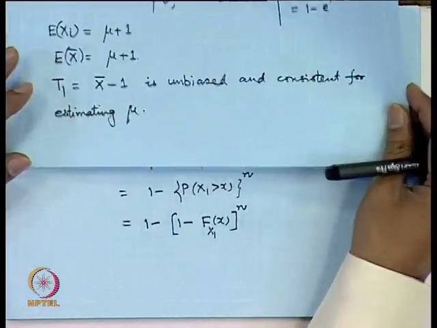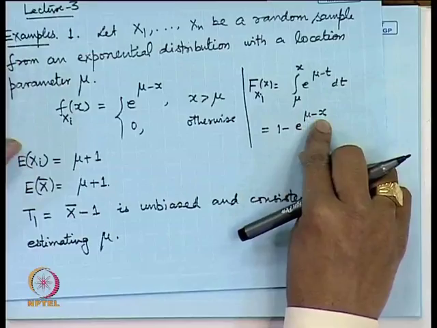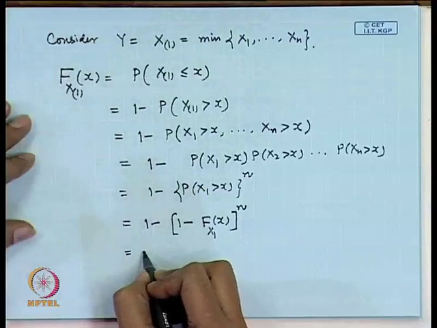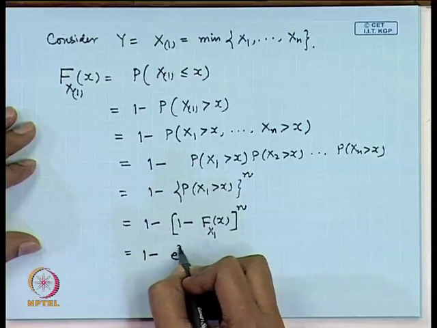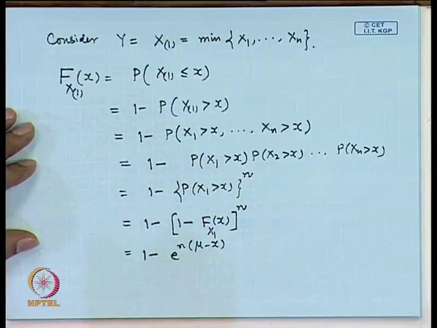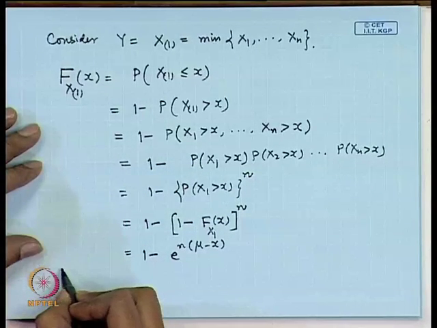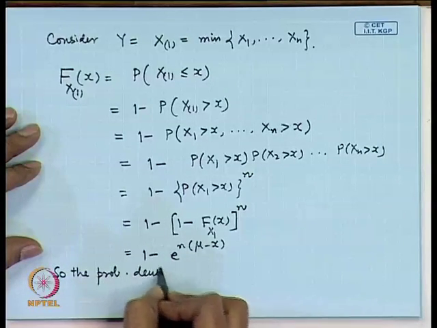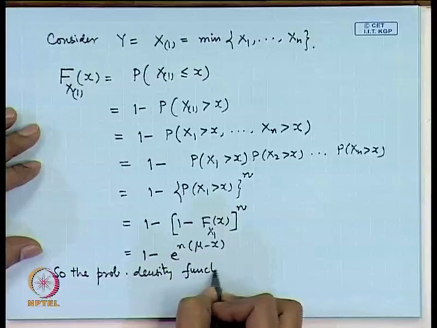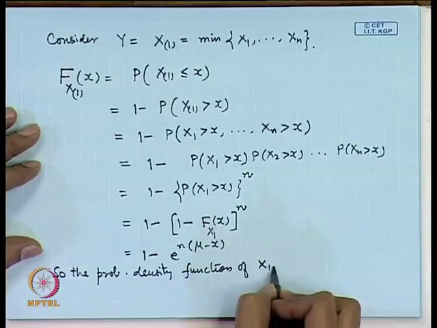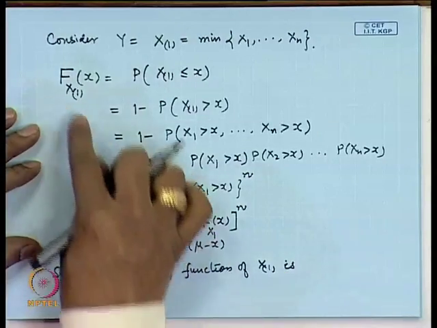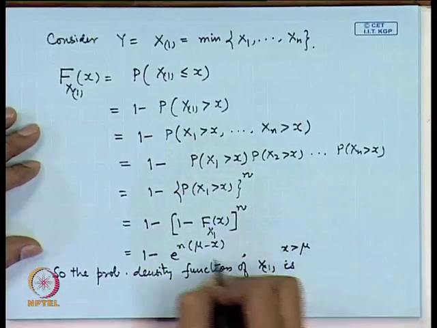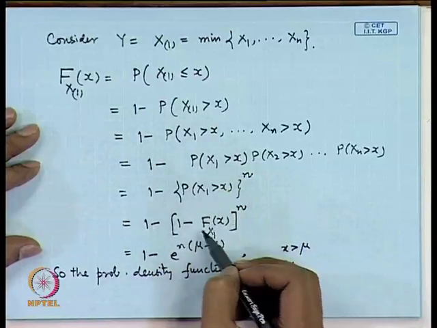So, if I substitute 1 minus e to the power mu minus x here, I will get 1 minus e to the power n times mu minus x. So, the probability density function of X_(1) can be obtained by considering the derivative of this. Of course, this value I have written for x greater than mu. If x is less than mu, then this is going to be 0.